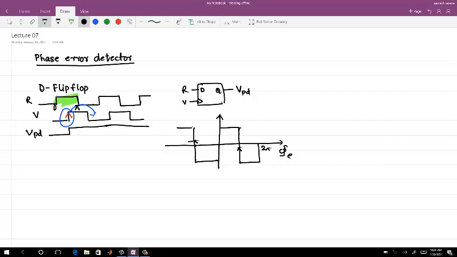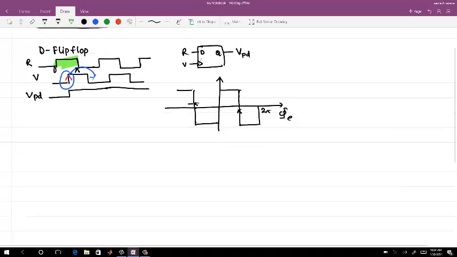Okay. So can you define the gain of this phase error detector when it locks? It will obviously lock to a 0 phase error in this particular case. What is the gain of this phase error detector? So let me mark it more properly.